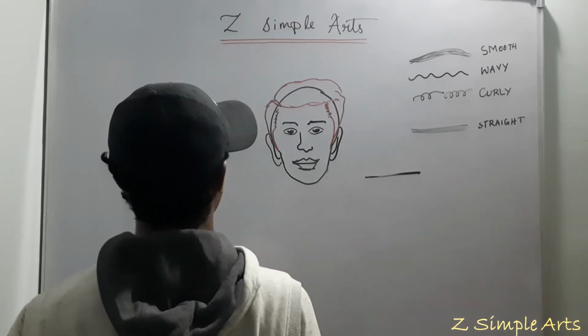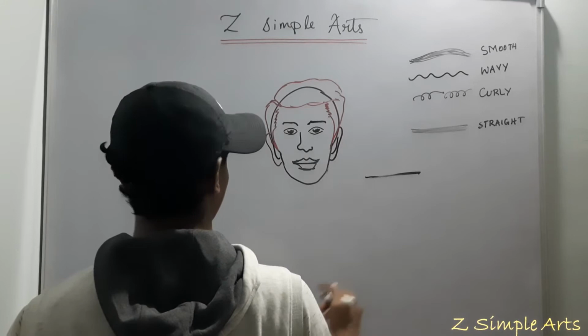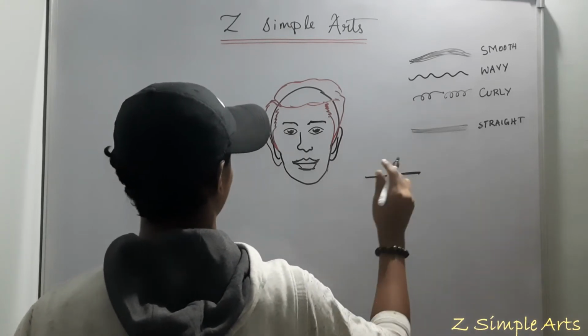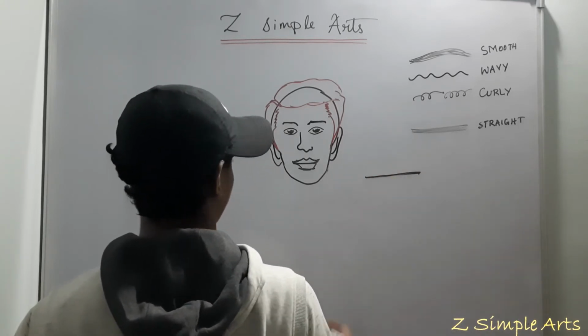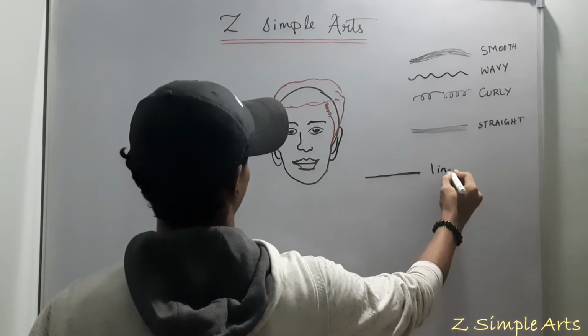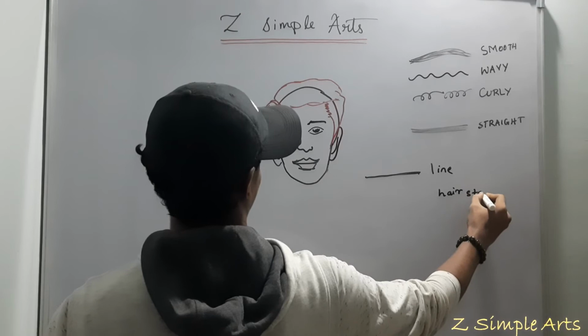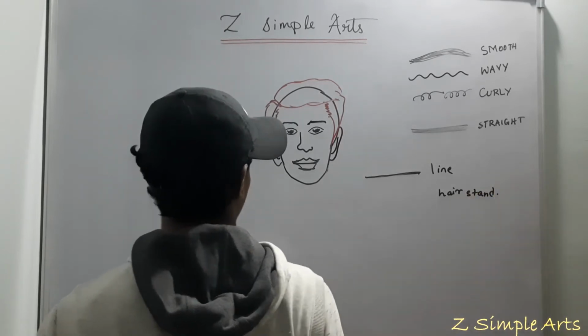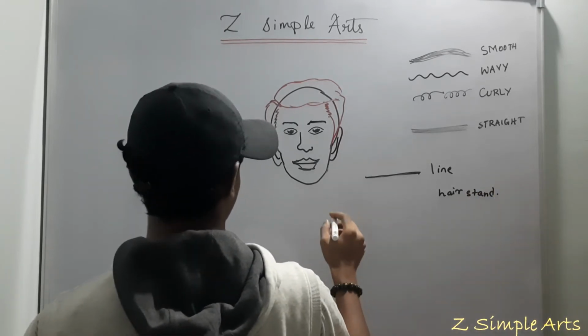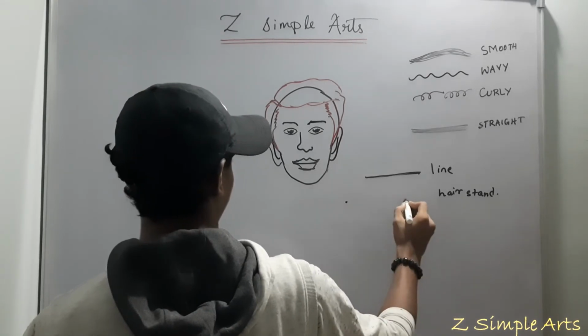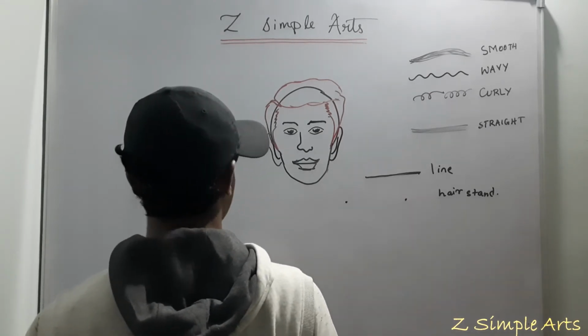What I did here was a line segment. This looks like a line, but we are trying to do a hair strand. So the first point to note is that when you do a hair, the two ends will not be of the same thickness.